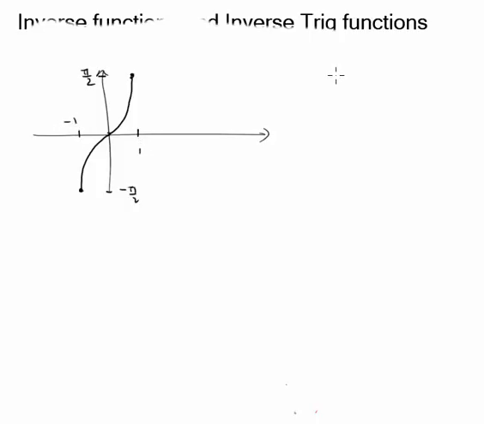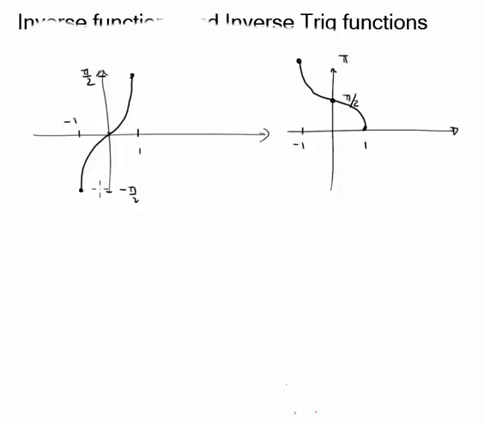For the inverse cosine function, it is just above the x-axis, like that, and that's it. So this is negative 1, that's 1, that's pi. Oh no, this is pi on 2, sorry, and that's pi.